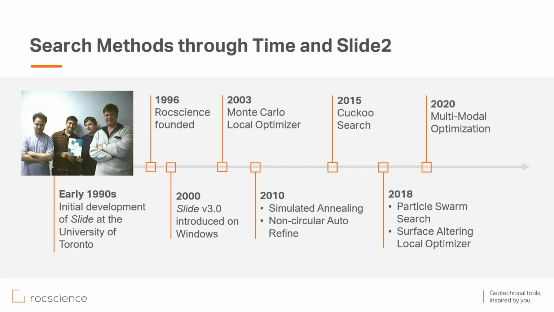Rocscience was founded in 1996, and as I said, in 2000 we released the first version of Slide for Windows. And shortly thereafter, in 2003, we added something called Monte Carlo local optimization, which is based on a method developed by Greco in the mid-90s.